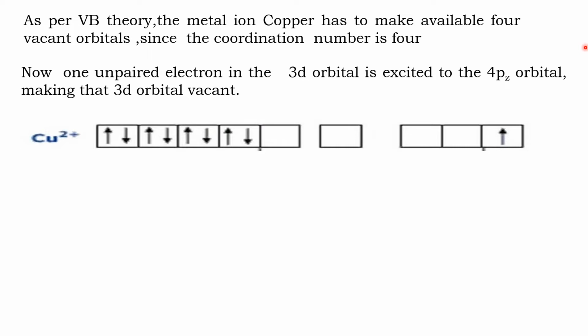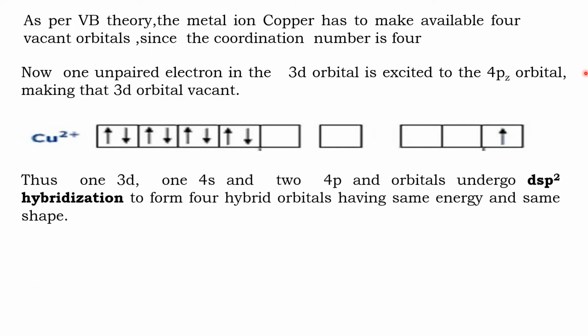It supplies a pair of electrons to the 4 vacant orbitals of the copper 2+ ion. We may expect the 4s and 3 4p orbitals are free, so we may expect them to undergo sp3 hybridization.